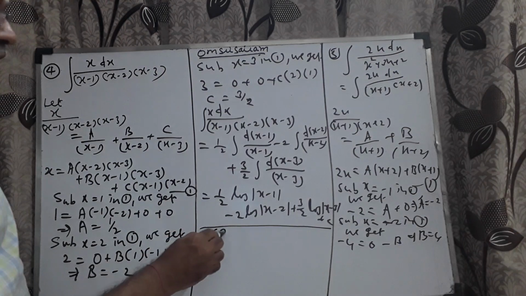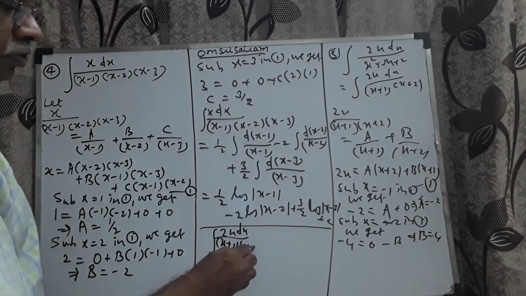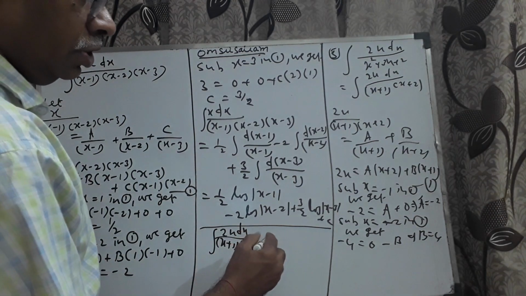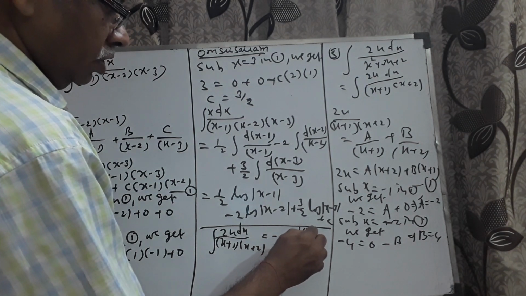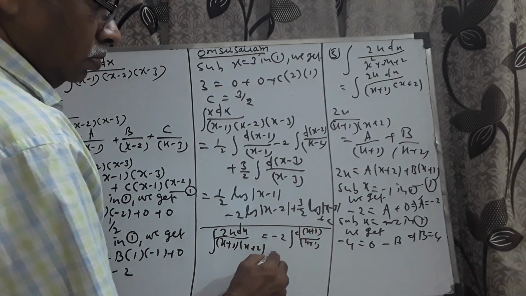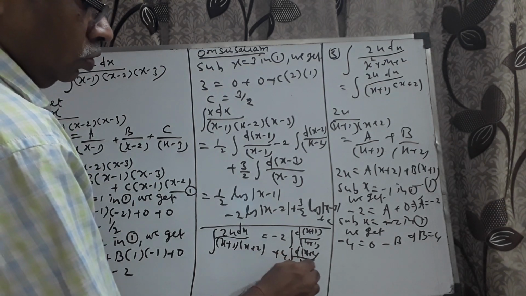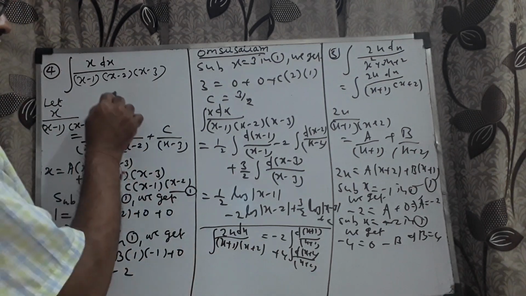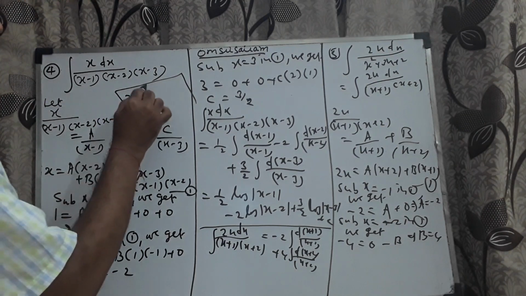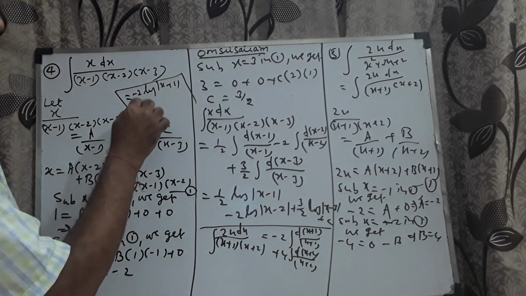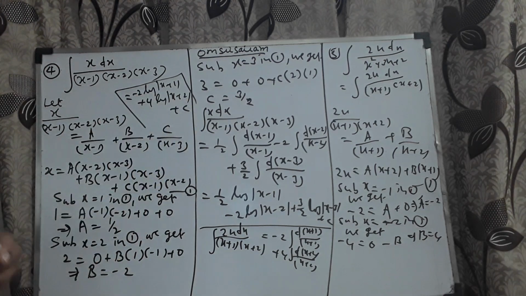Therefore, the whole integral 2x dx by x plus 1 into x plus 2 now becomes, with a as minus 2, minus 2 integral d of x plus 1 by x plus 1 plus 4 integral d of x plus 2 by x plus 2, which will become, let me just write over here, this portion may not be visible for you, minus 2 log mod x plus 1 plus 4 log mod x plus 2 plus c, which will be the final answer.